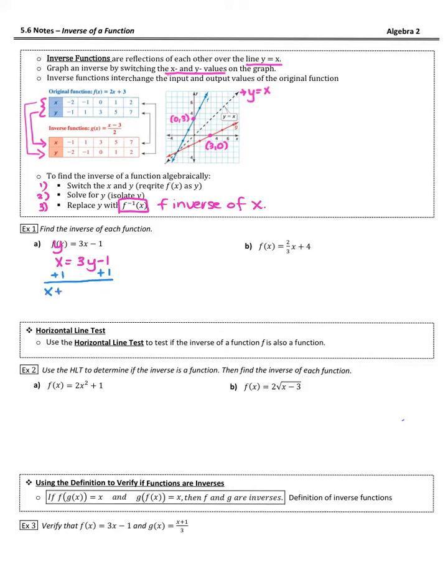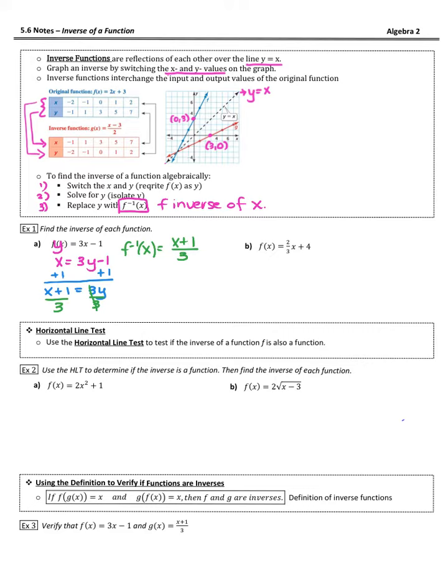So that gives me x plus 1 equals 3y. And then the last step is we divide by 3 so that those cancel. Y is isolated. And so we now write this as f inverse of x is (x plus 1) over 3. And that is an inverse function of y equals 3x minus 1.